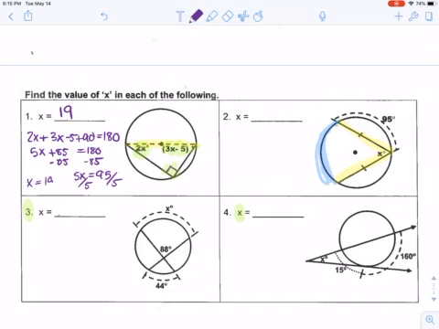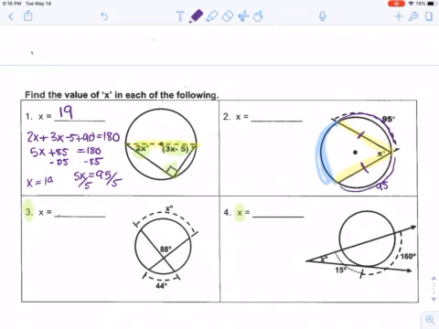We have another instance where we have to find something that we haven't talked about yet, but I'm sure you would be able to conclude why they told us that these chords were congruent. Probably because their arcs are congruent. So if this arc right here is 95, this one is 95 as well.